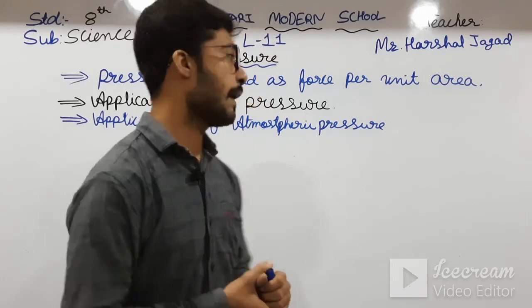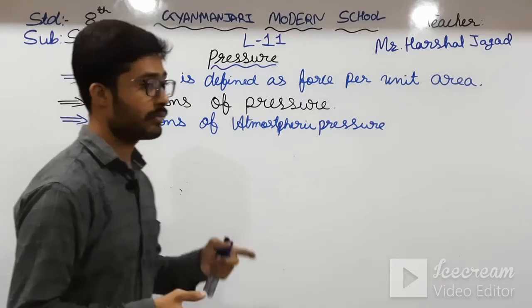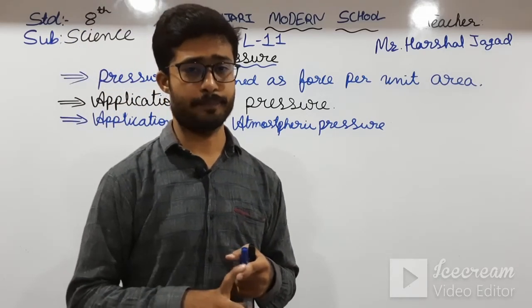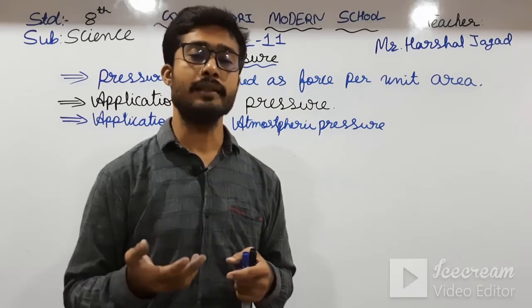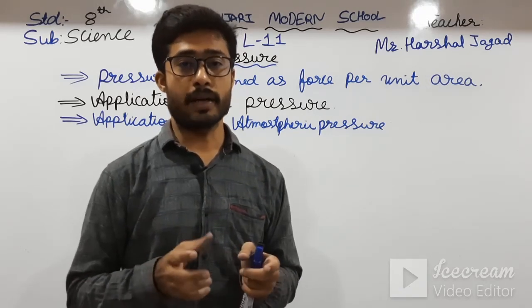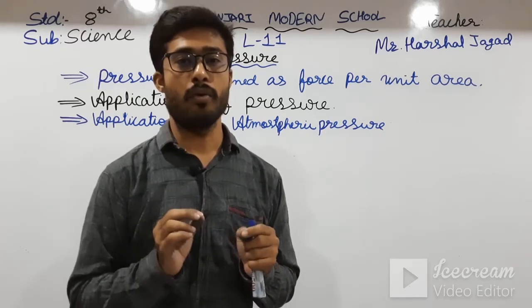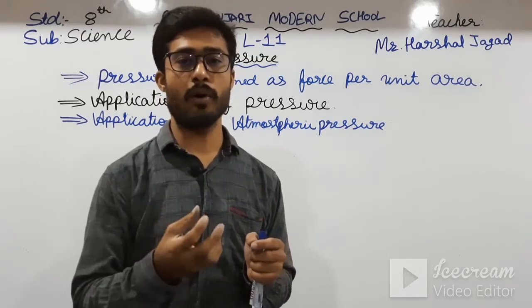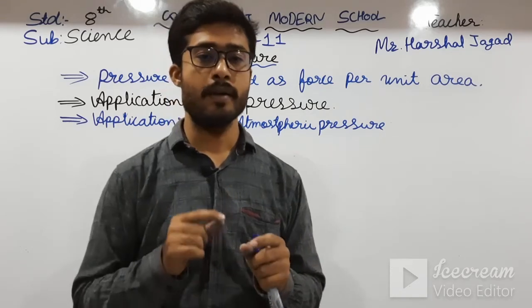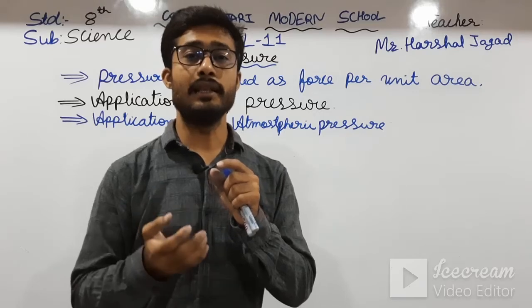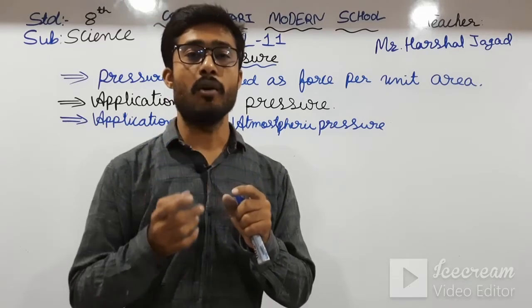So these are the applications of atmospheric pressure. What was the first application? The first application was how atmospheric pressure acts on the straw, or on what we are drinking with the straw. First of all, air is sucked out creating a low pressure, and then the liquid comes up the straw.